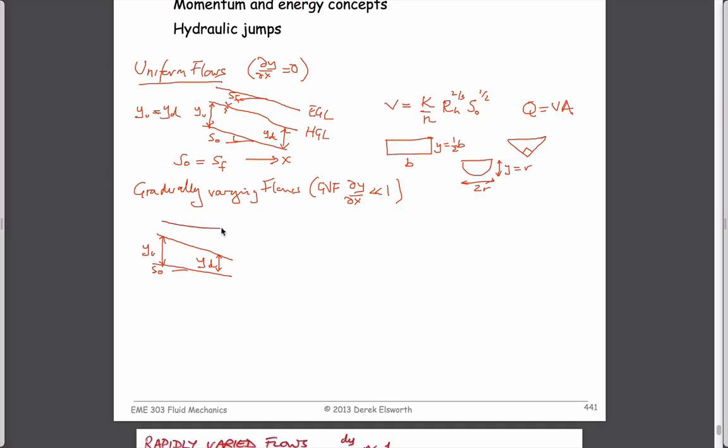And also the energy grade line, which has this slope, which we call SF still, as in this. Then in that particular case, SF is not equal to S0 because of this, and the arguments we've made before is if this is smaller than the upstream, then the velocity here has to be larger than the upstream, and so the v squared over 2g term, which is what this is, has to be larger downstream, so it's certainly not constant.